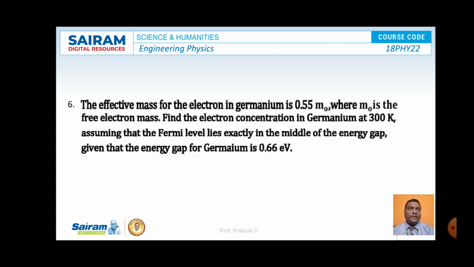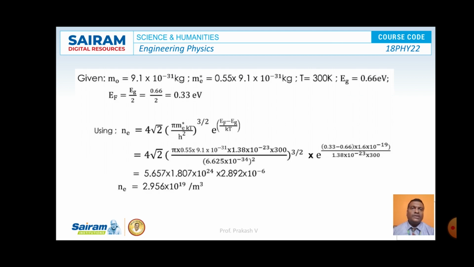So here we have to calculate the value of Ne, that is the number of electrons per unit volume, and the Fermi energy is given as in between the energy gap. So the energy gap value is also given, that is 0.66 electron volts, divided by 2.